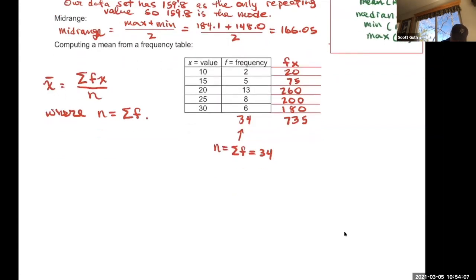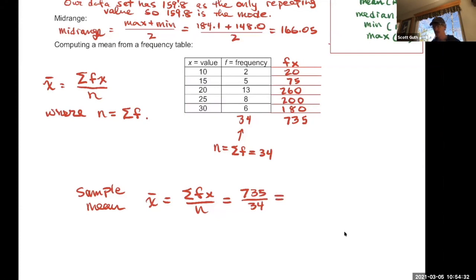So for the sample mean, you could say X bar is the sum of FX over N. So that would be 735 over 34, which we're going to round to one place after the decimal. I'll give the rounding rule in just a moment.